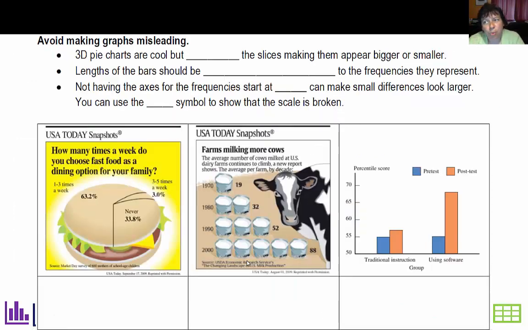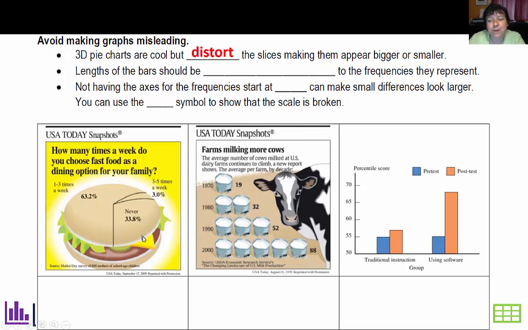Now, some things to keep in mind to avoid making graphs misleading. 3D pie charts are cool, but they distort the slices, making them appear bigger or smaller depending where they are. If you look at this here, because the back piece of this burger is smaller, it makes this 33.8% seem a little large.